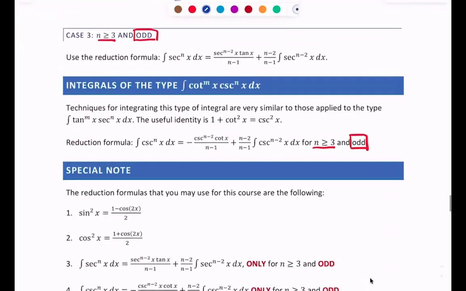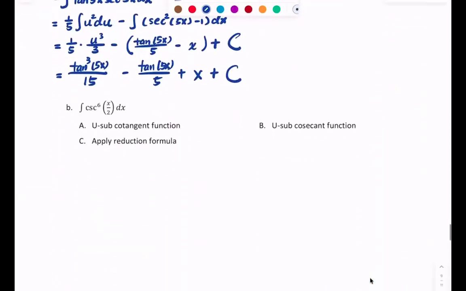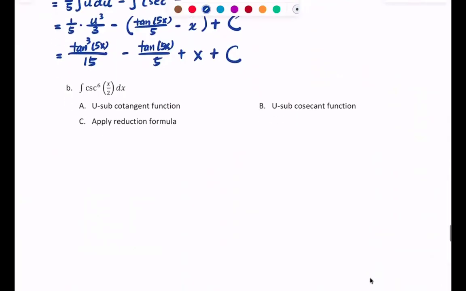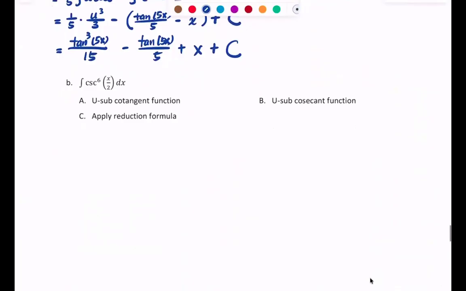So this is what you have to do now. You're going to apply that, but mirror image it to cosecant and cotangent.